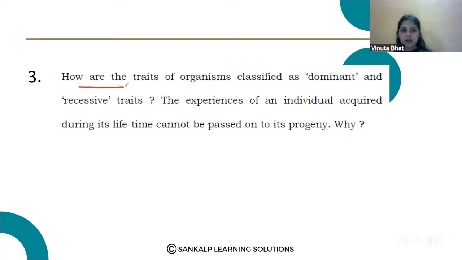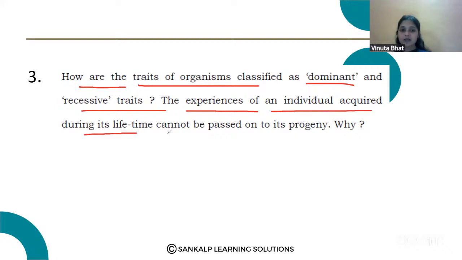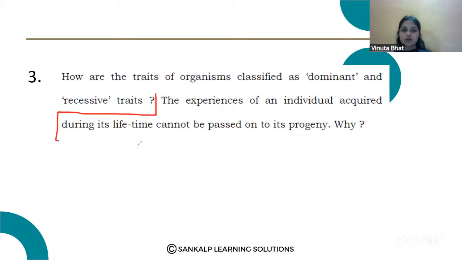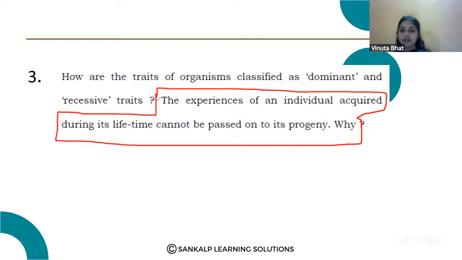How are the traits of organisms classified as dominant and recessive traits? The experiences of an individual acquired during the lifetime cannot be passed on to its progeny. Why? This topic is removed from your syllabus, the acquired characters, but we can write the answer for the first question.